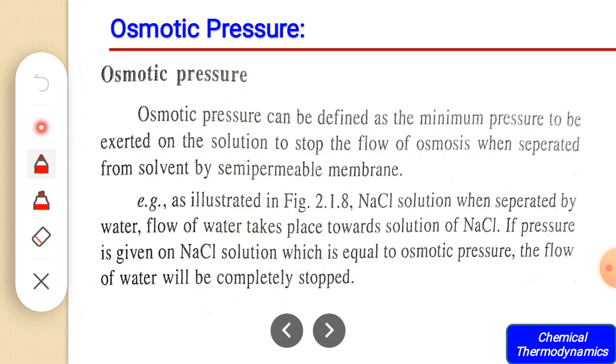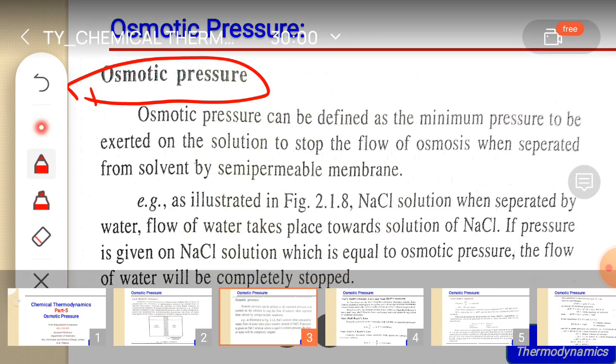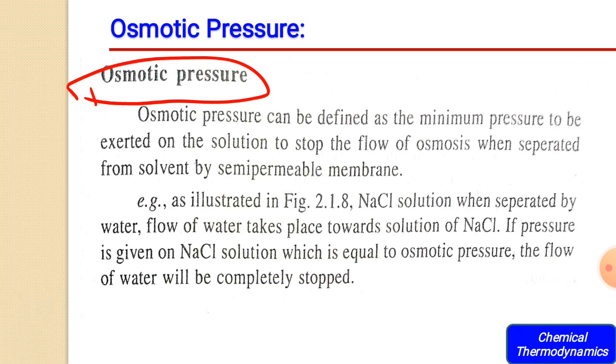So dear friends, when we study osmotic pressure, to stop this osmosis, to stop the flow of solvent from solvent to solution or from dilute solution to the concentrated solution, the external pressure that is to be exerted is known as osmotic pressure.